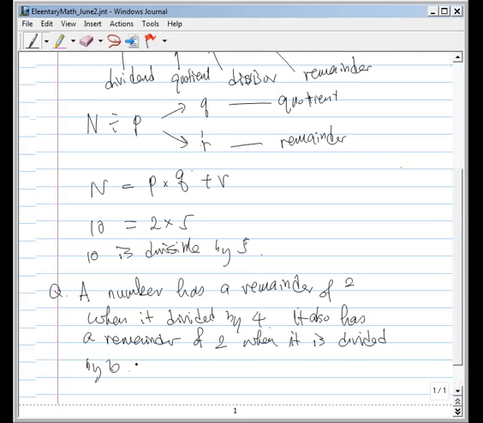My question is, what is the smallest possible value of this number?